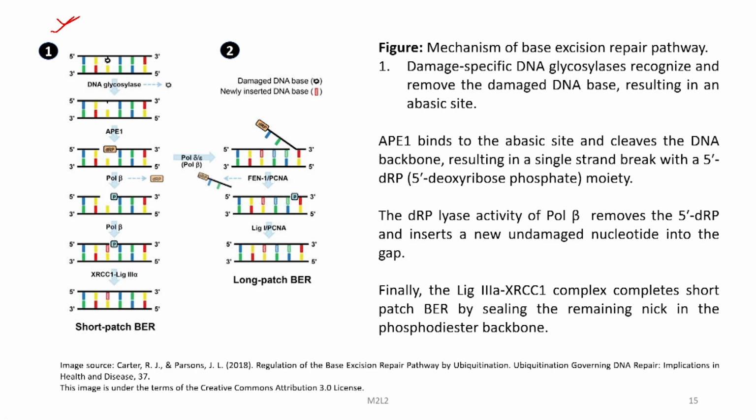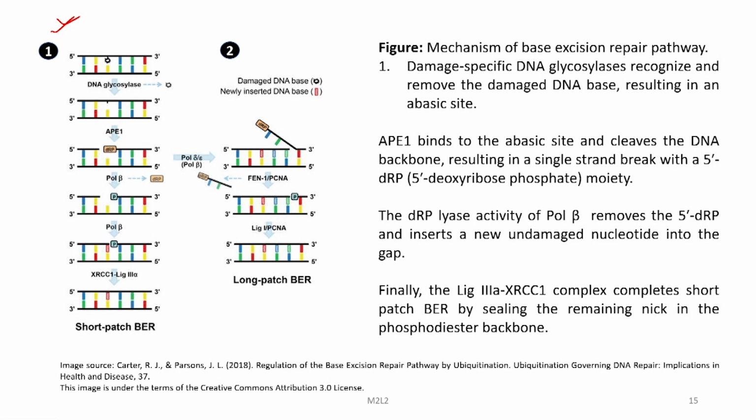APE1 binds to this abasic site and cleaves the DNA backbone, and you can see here the outcome. This results in a single strand break with a 5' DRP or 5' deoxyribose phosphate moiety.